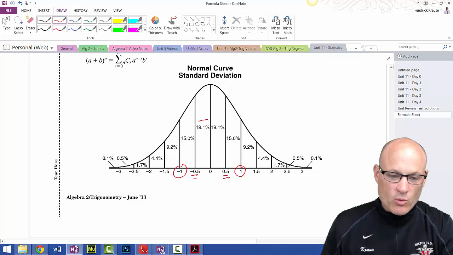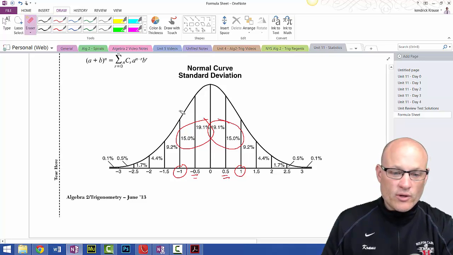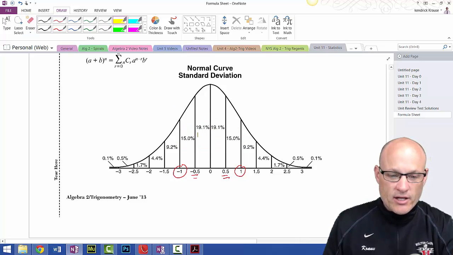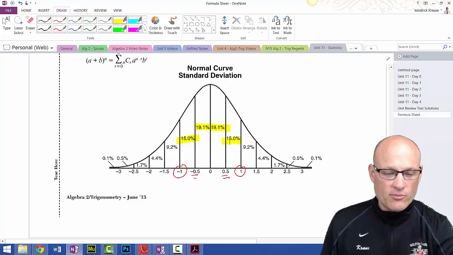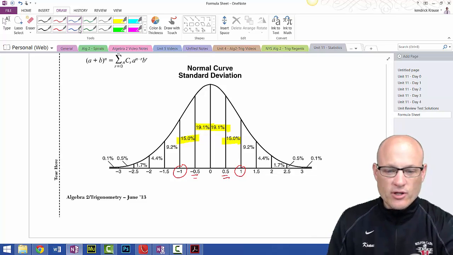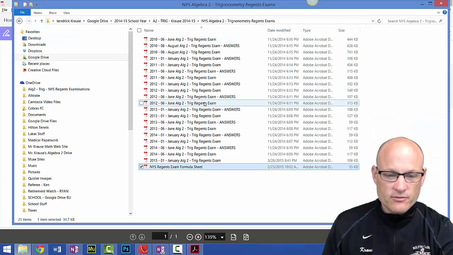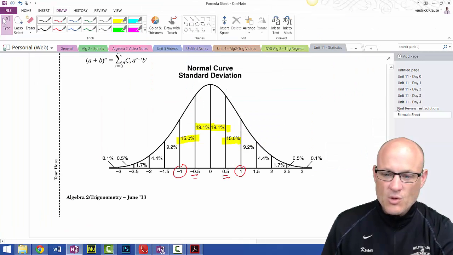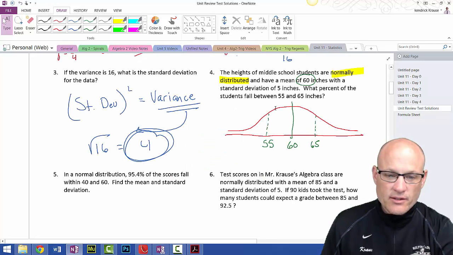So what I need to do is add up these numbers, which you should have memorized by now. When I add those up, one standard deviation to the left, one to the right, I get 68.2%.